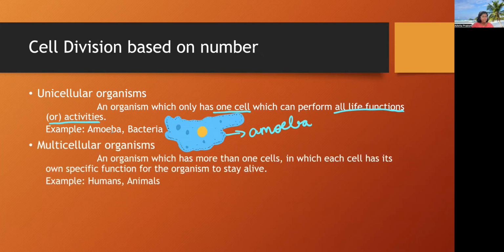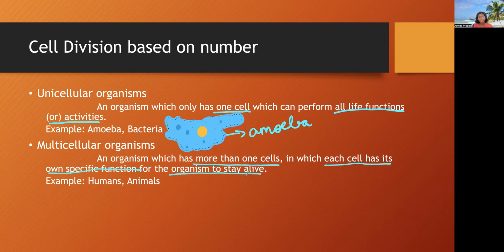The second division is multicellular organisms, which have more than one cell. So in this organism, each cell has its own specific function for the organism to stay alive. So if one cell does not do its function, then the other one, which does the same function, continues doing that function to keep the organism alive.